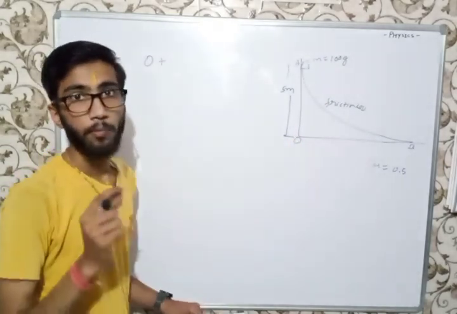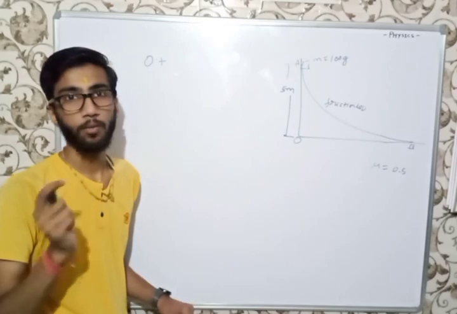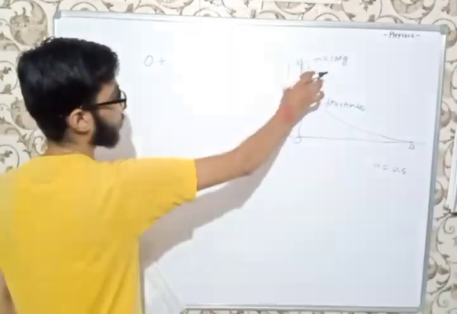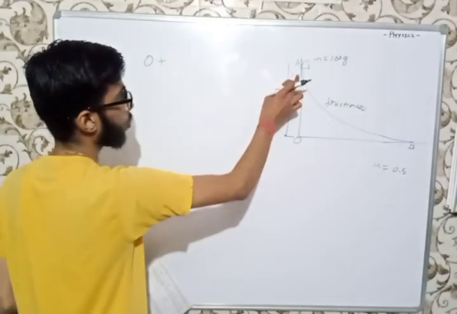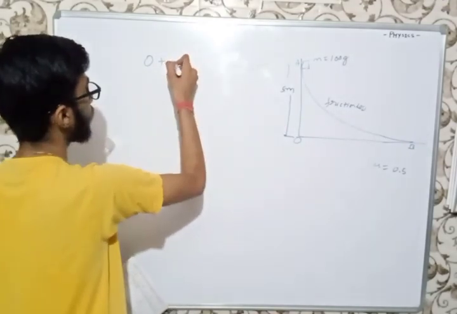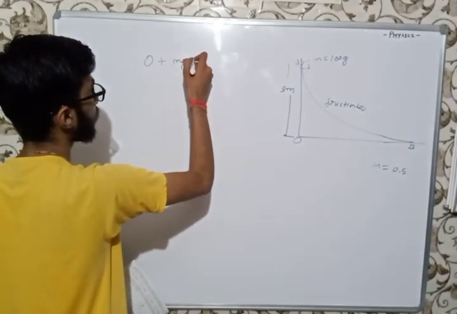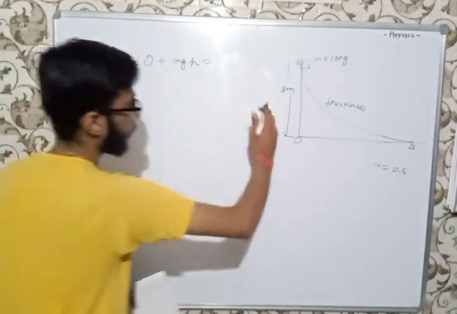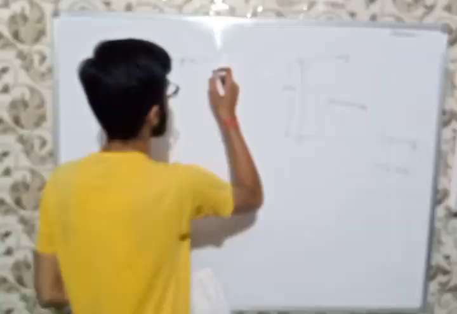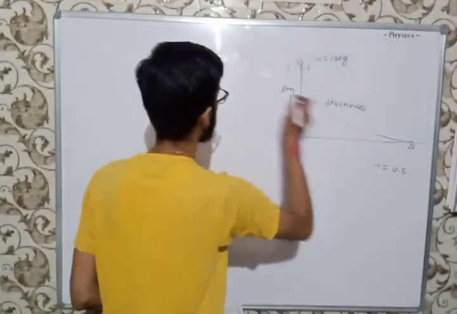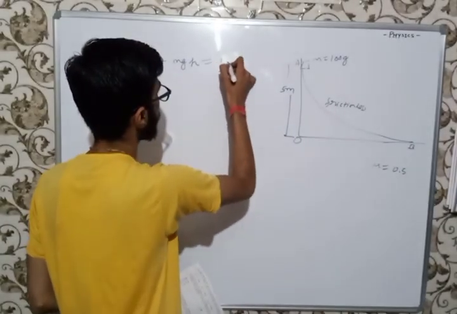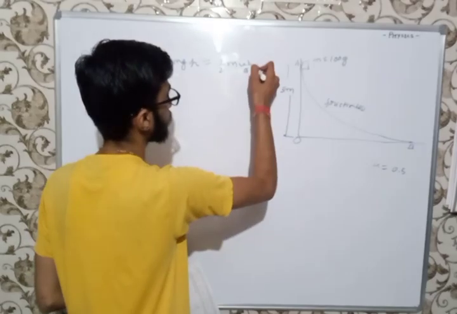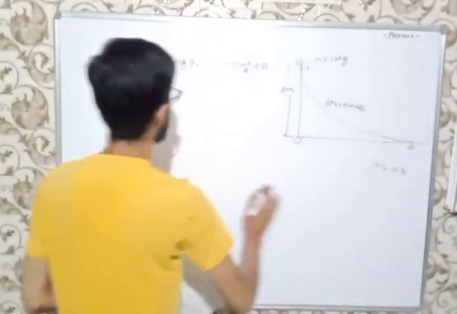Always remember that potential energy depends on the reference point, so I choose O as my reference point. The potential energy of the block at point A will be mgh, if this height is h, and at ground level at point B there will be kinetic energy, half m v square, and no potential energy up to this region.